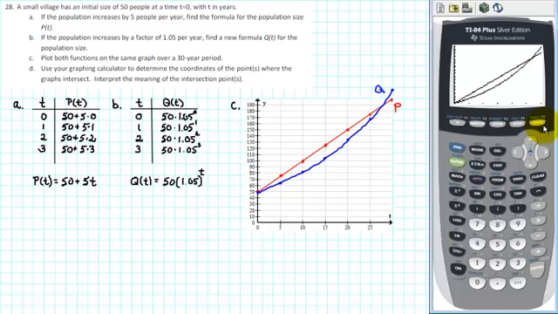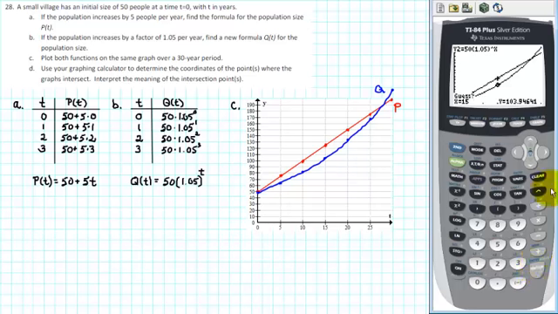To find the point of intersection, we go to Calculate, Second, Trace. Select number 5 for intersect. Press Enter to select the first curve. Enter to select the second curve.